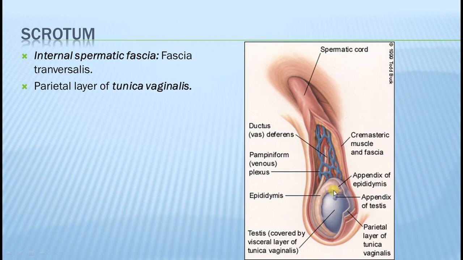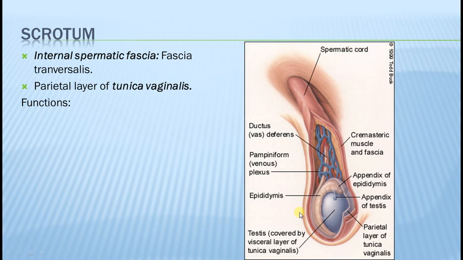The other layer will be applied over the testis as the visceral layer of tunica vaginalis. So between the two layers, it is a closed sac. Both the layers are continuous with each other. Between the two layers of the vaginalis, they don't communicate with the rest of the abdominal wall. If they communicate, then they produce a condition called hydrocele.